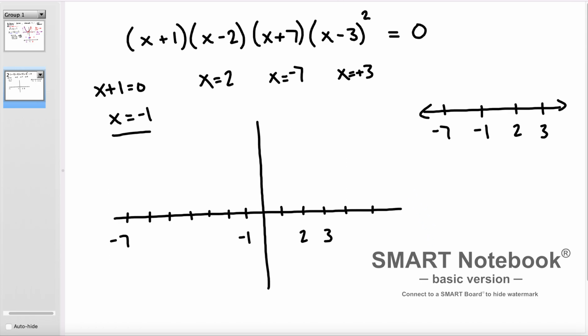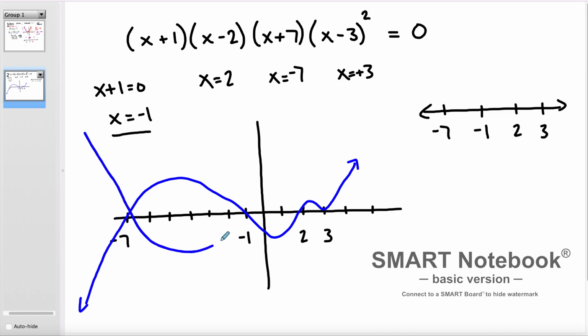Now, as before, this is where we're not sure if this graph comes from below. Remember, just kissing at 3, right? Because it's a double root. So we're not sure if it comes from below or if it comes from above. Okay? We're not sure which case we have.